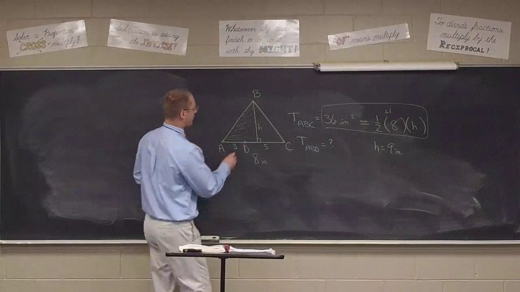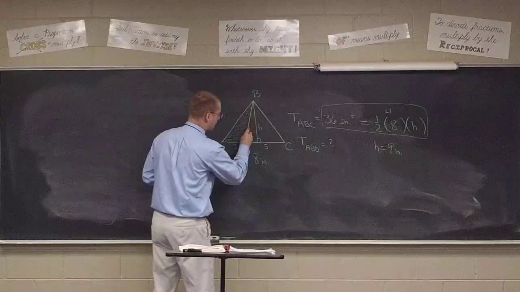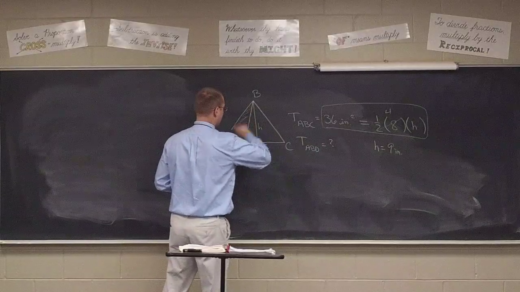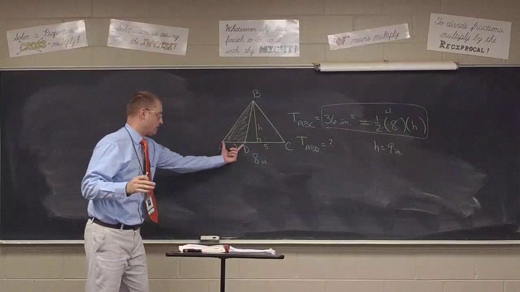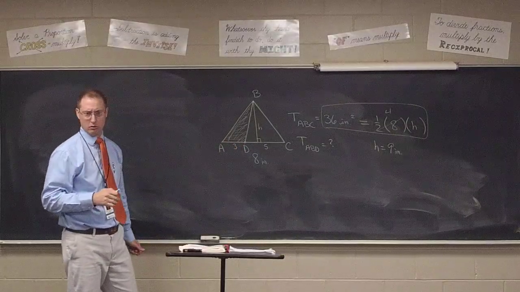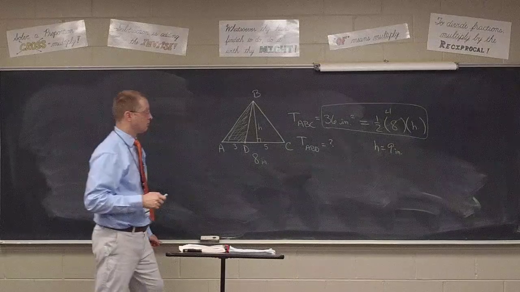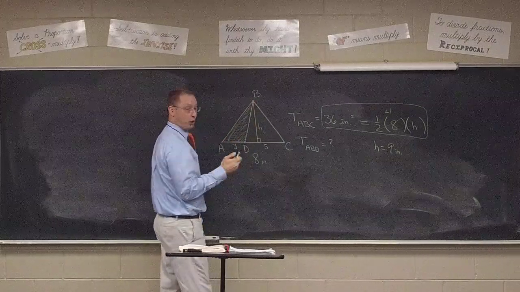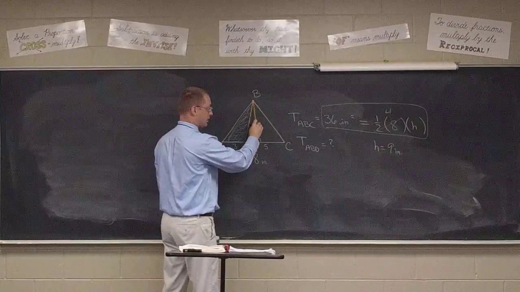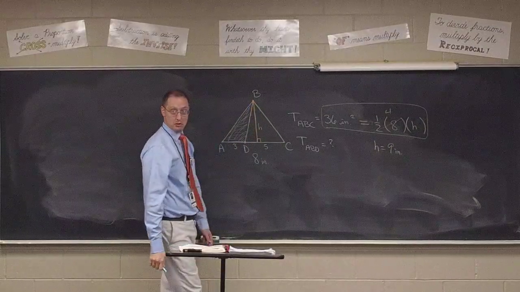So then, let's come to this triangle. What's its base, class? 3, obviously. What's its altitude? Well, here's the vertex, here's the base, and altitude is the perpendicular from the vertex to the base. What's the altitude? 9 inches.